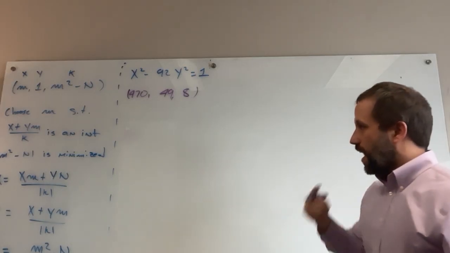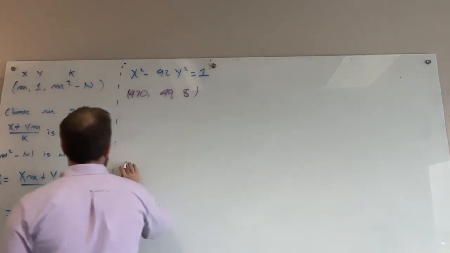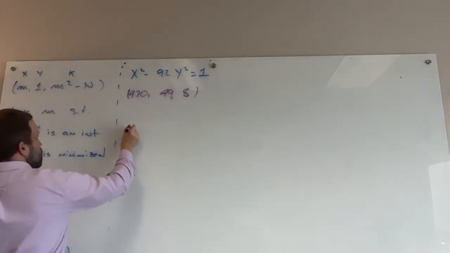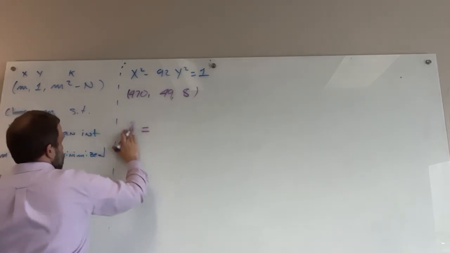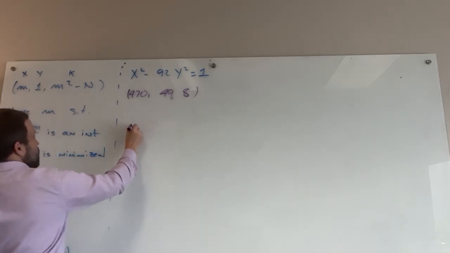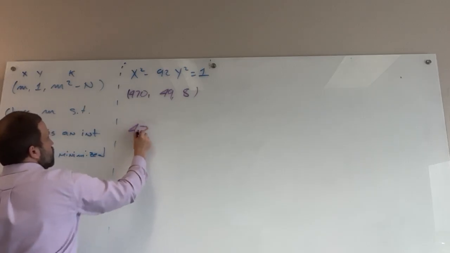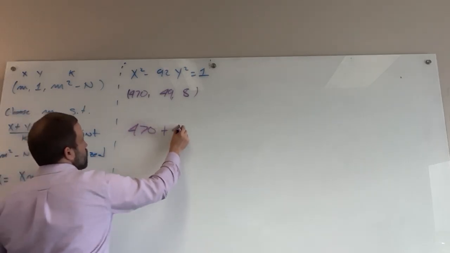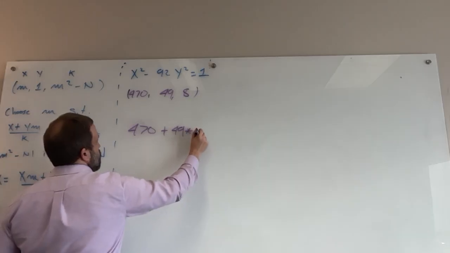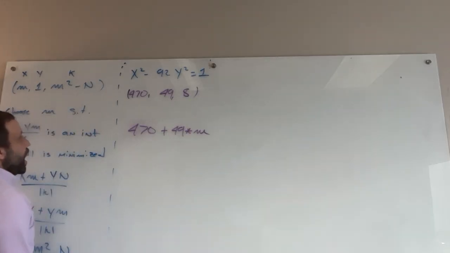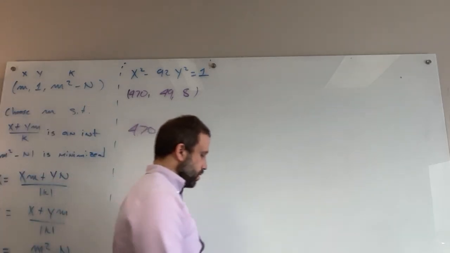Great. All right. So now next value. Sorry, I need to figure out what m is going to be. X plus y times m, so 470 plus 49 times m. I want that to be divisible by 8.